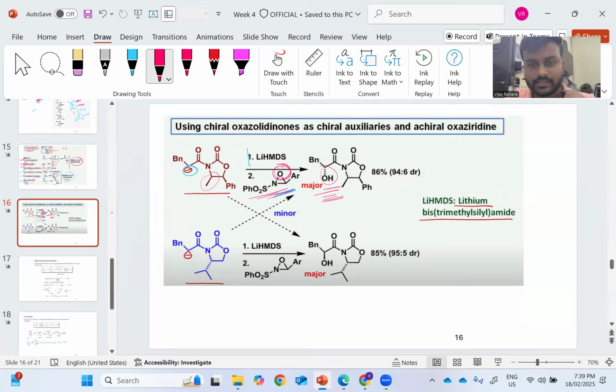But here its stereochemistry is driven by this entire functional group. This functional group is used as a chiral auxiliary to drive the chirality in the molecule. So this is the product in this case, and we also get a minor product, which will be the alpha hydroxy group.